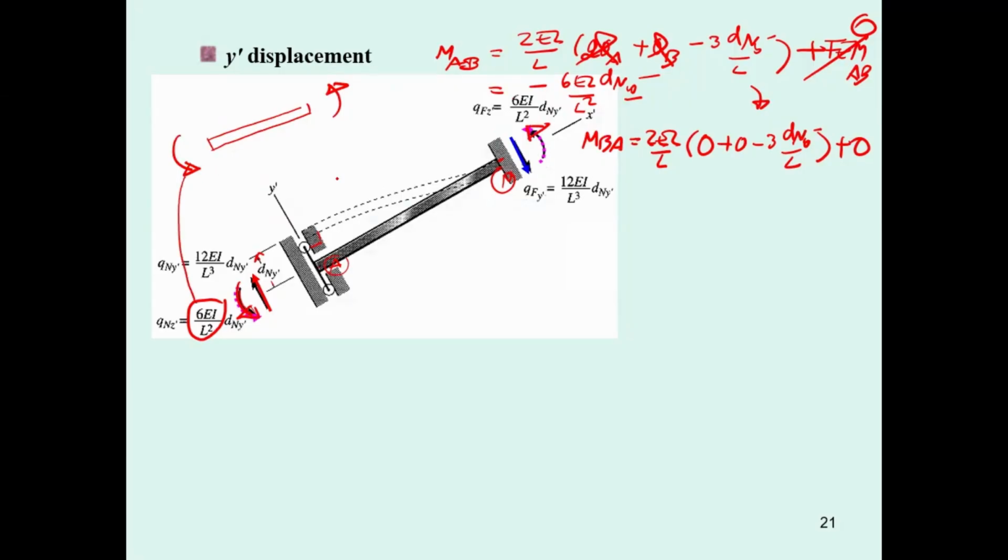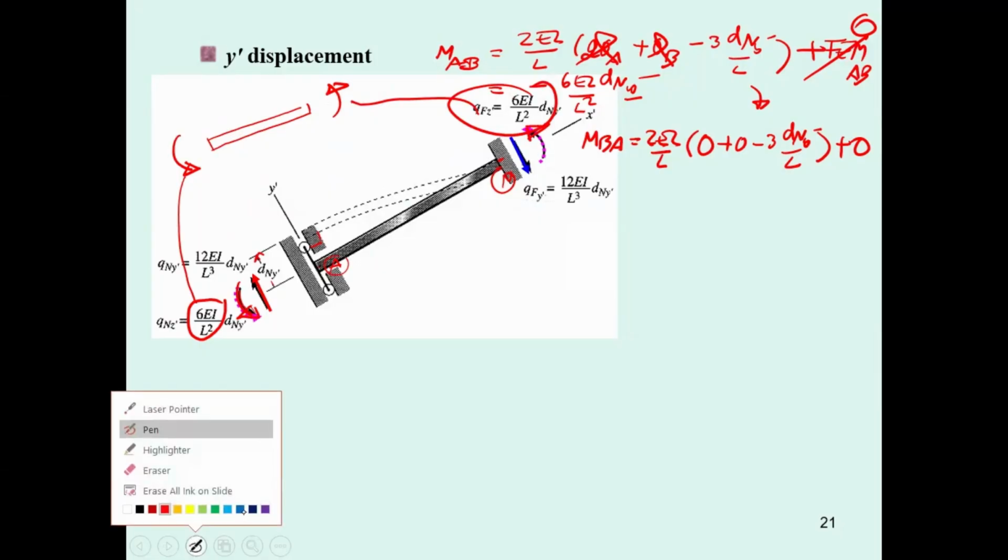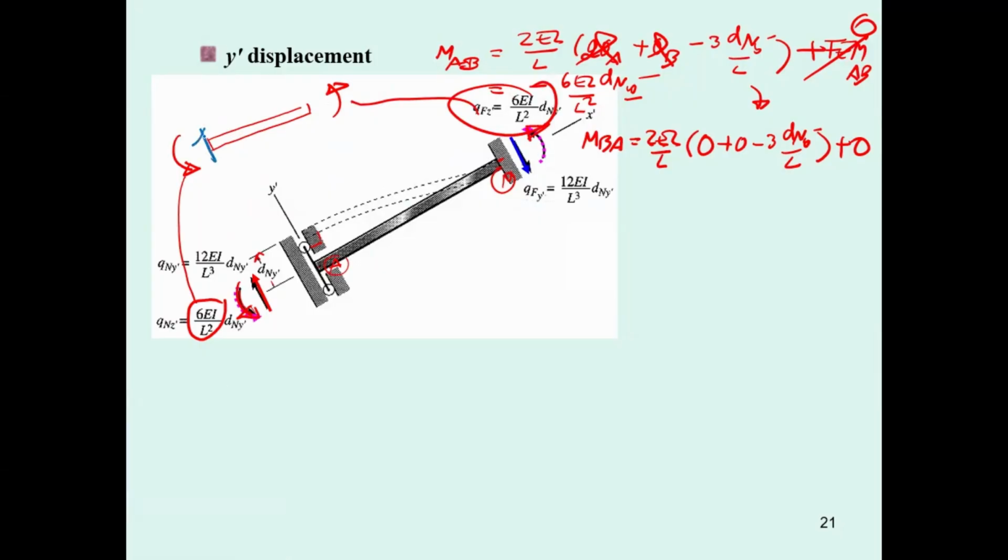Then you have this one, and this one, you have this one, and you have the shear. Okay, if you take the moment over here, summation of moment about B equal to 0. This is going to be V sub A times the length L, rotating in this positive direction.